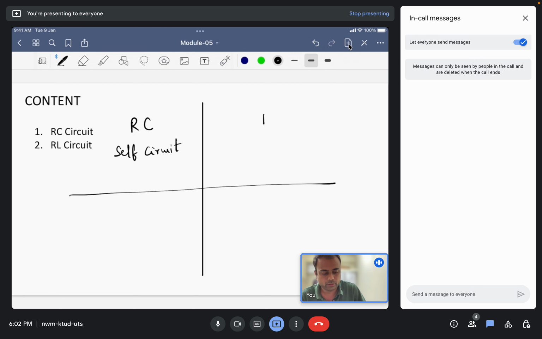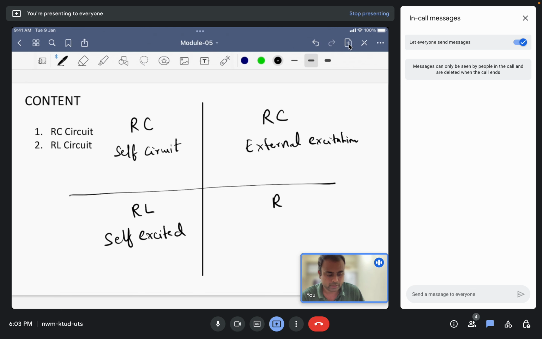And then we'll be looking at RC circuits with external excitation, that is the effect if any other source, basically a DC source, is connected. And similarly, in case of RL circuits, we'll again see the self-excited circuits. And finally, RL circuits with an external source.